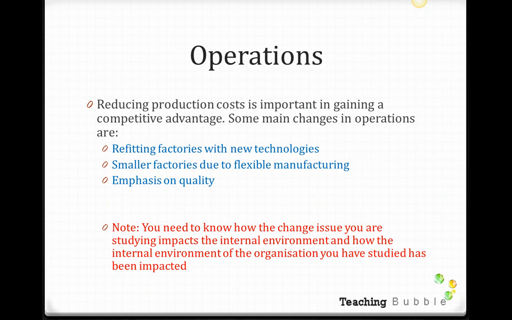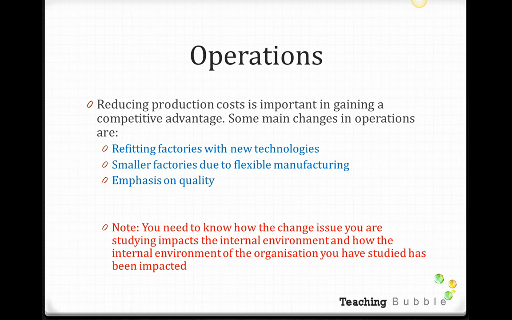And lastly, operations. Reducing operations costs is obviously important to gain a competitive advantage, because you're trying to achieve economies of scale. Therefore, having factories with newer technologies, creating smaller factories and flexible manufacturing, lean manufacturing, all those types of things, and having a greater emphasis on quality. These are the impacts that changes have on operations management.